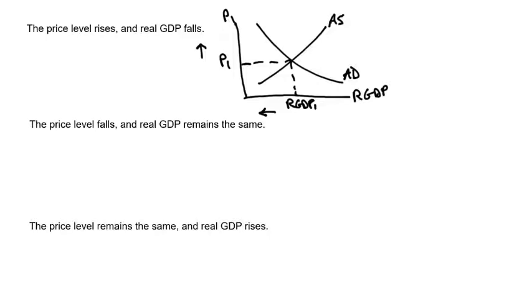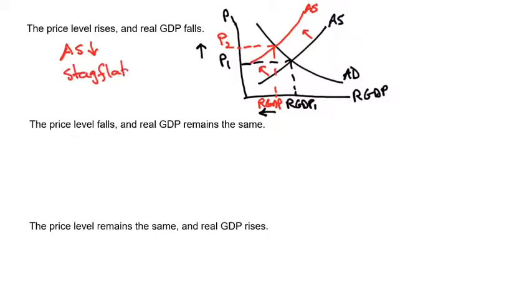It looks like only a decline in the AS curve will give us this result, and as the AS curve shifts to the left, we have higher prices and lower output, and we define this as stagflation.